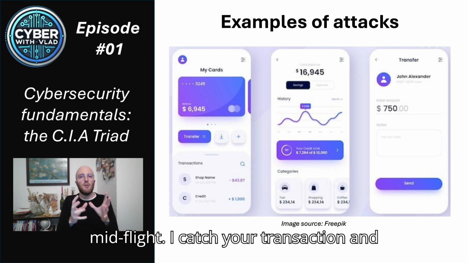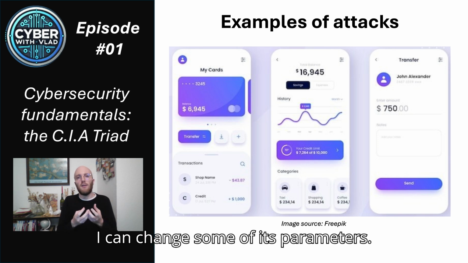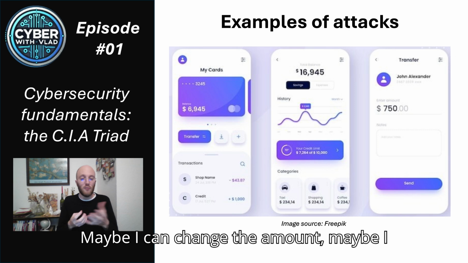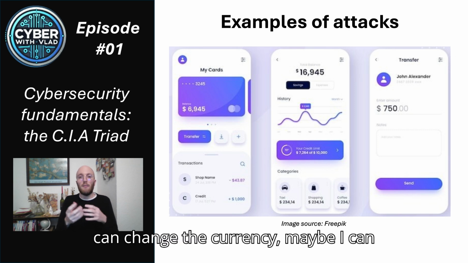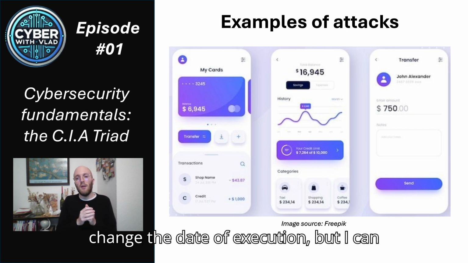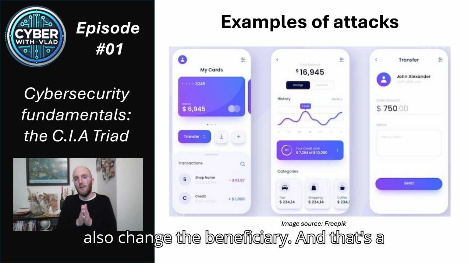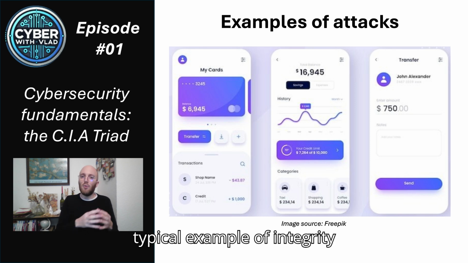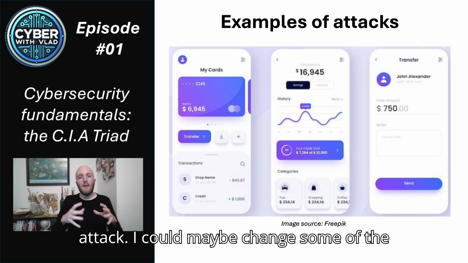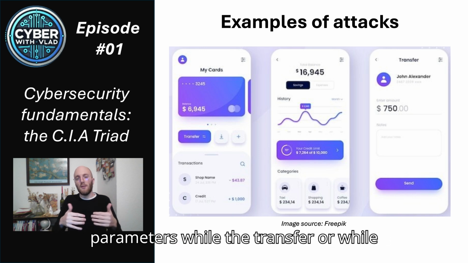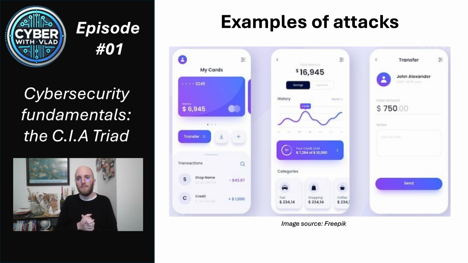I catch your transaction and I can change some of its parameters. Maybe I can change the amount, the currency, the date of execution, but I can also change the beneficiary. That's a typical example of an integrity attack. I could change some of the parameters while the instructions are being processed.